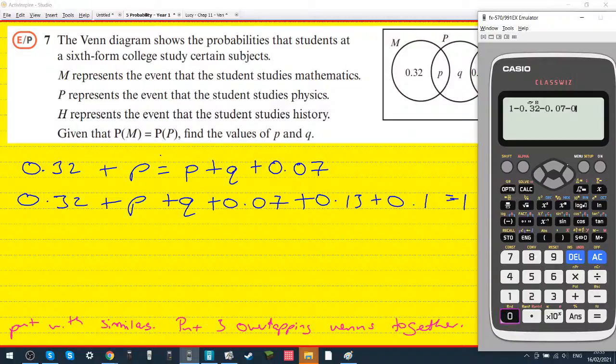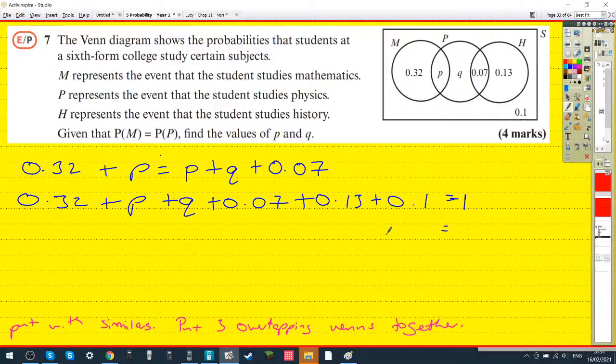And then that'll be a number plus P and Q. So it is P plus Q equals 0.38. Maybe that wasn't necessary.